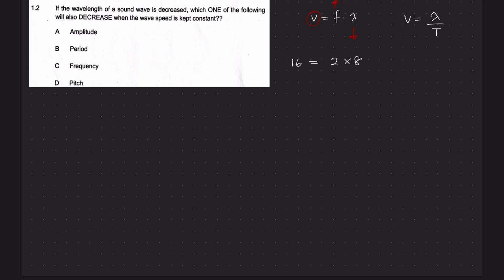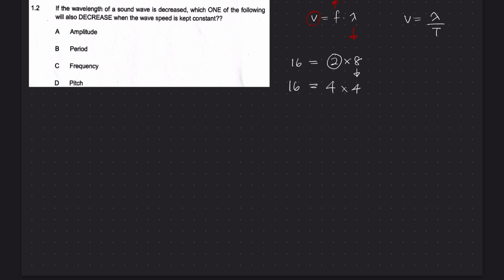If I decrease this number, say I make that number 4, and the answer must still remain 16, what must happen to this number? That number must increase. From 2, we need to go to 4. So we can see numerically how it works.